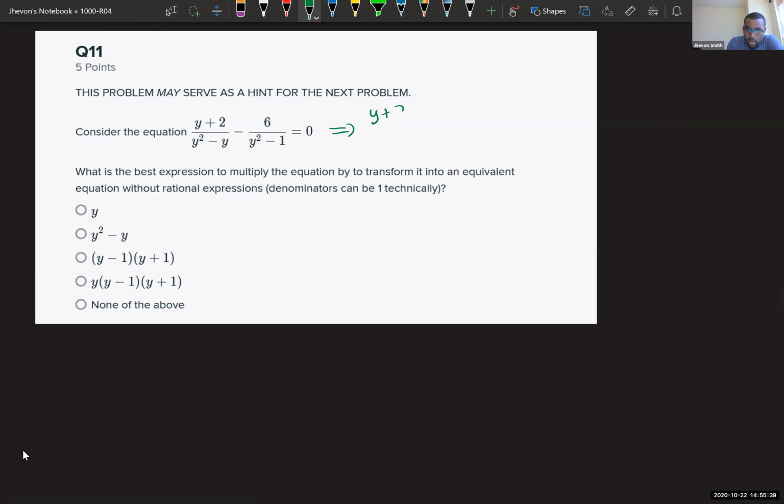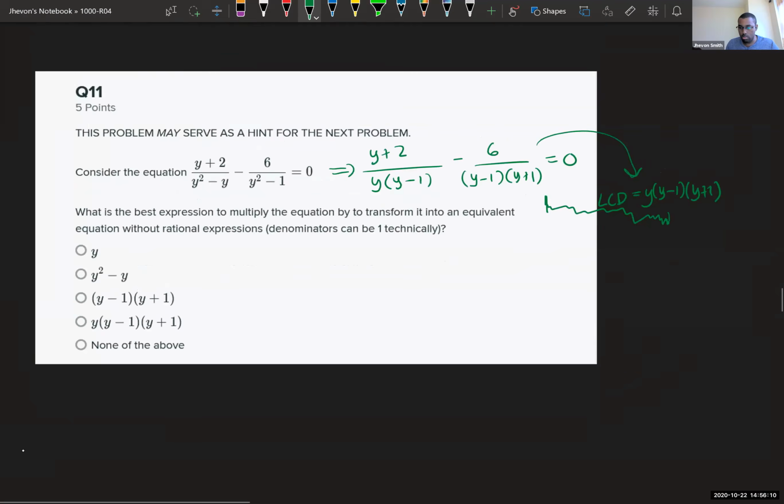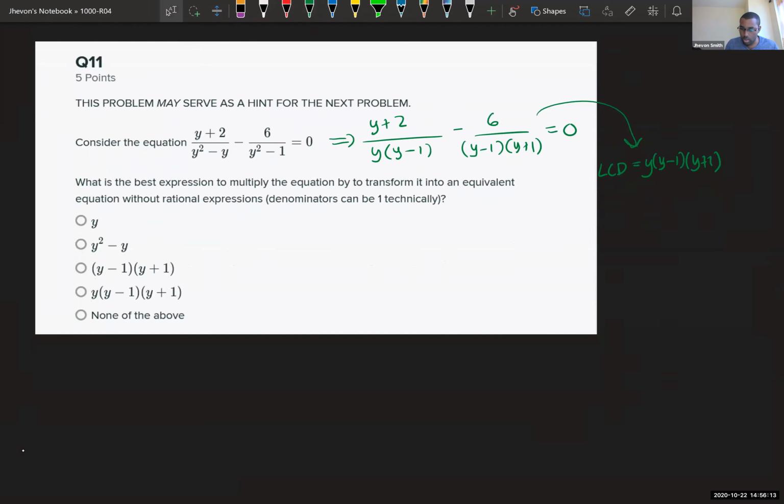So this here, realize that if I were to factor the denominators, y times y minus 1, minus 6 over y minus 1 times y plus 1 equals 0. And that kind of tells you that the LCD is y times y minus 1 times y plus 1. And that's this guy.